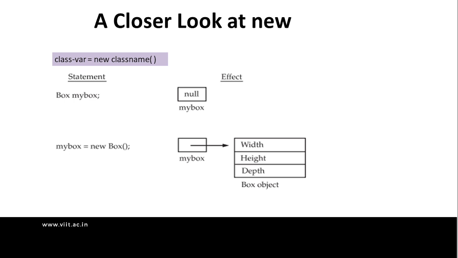The statement is Box myBox, then myBox equal to new Box. Its effect is that initially myBox will be null, its memory allocation will be null, and then the actual constructor will assign the variable in the memory.